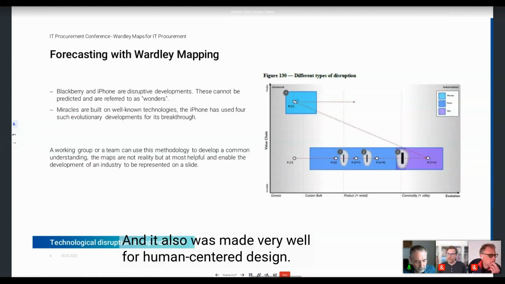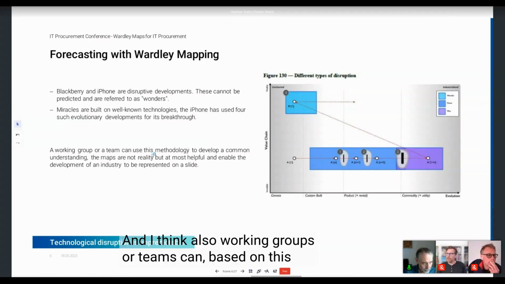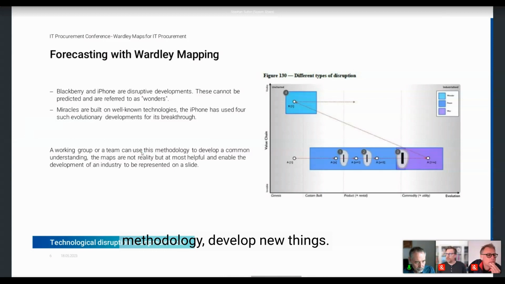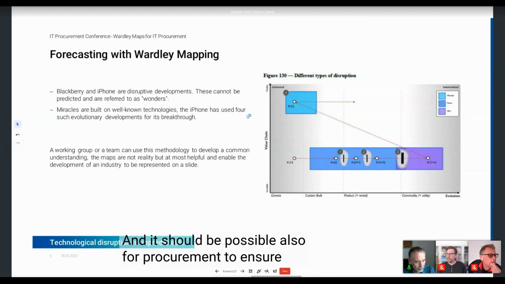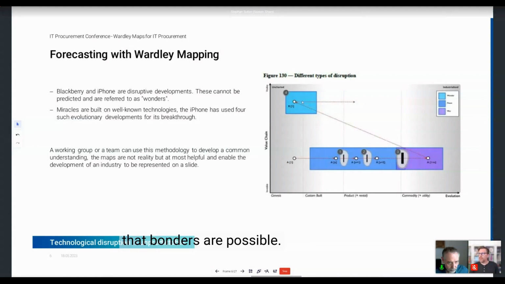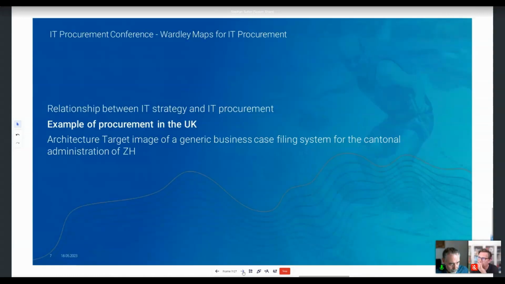And it also was made very well for human-centered design. And I think also working groups or teams can, based on this methodology, develop new things. And it should be possible also for procurement to ensure that wonders are possible.